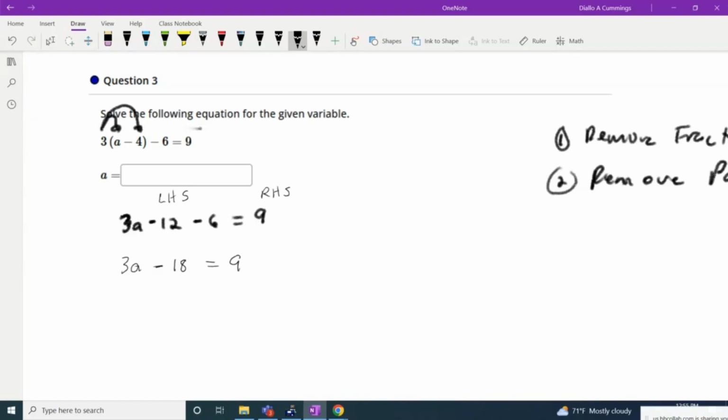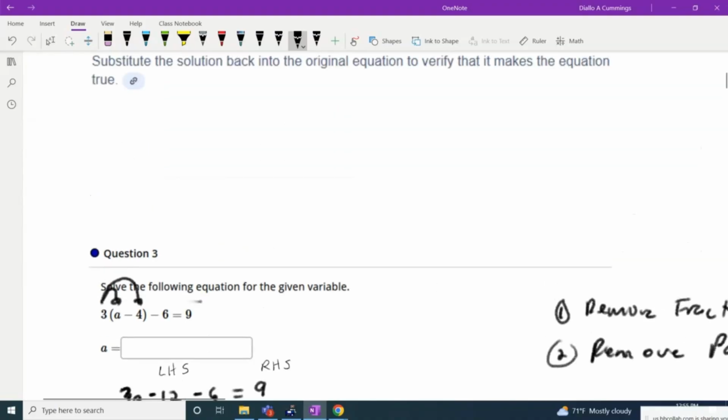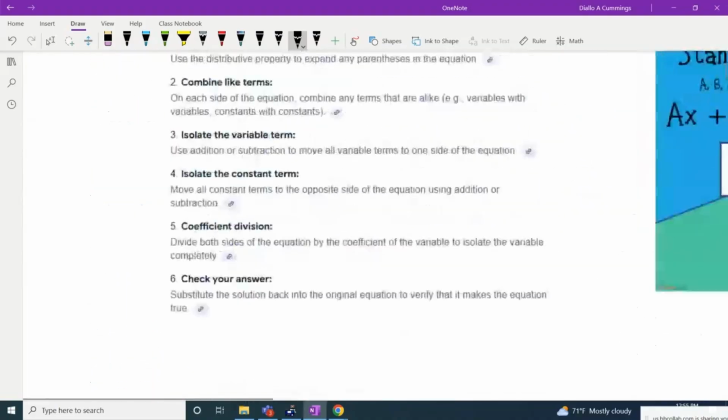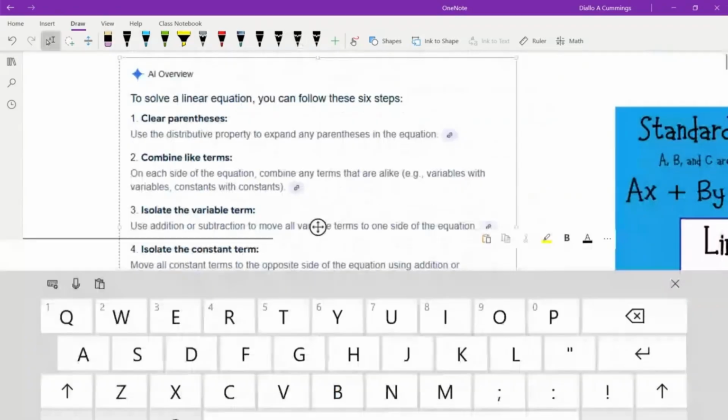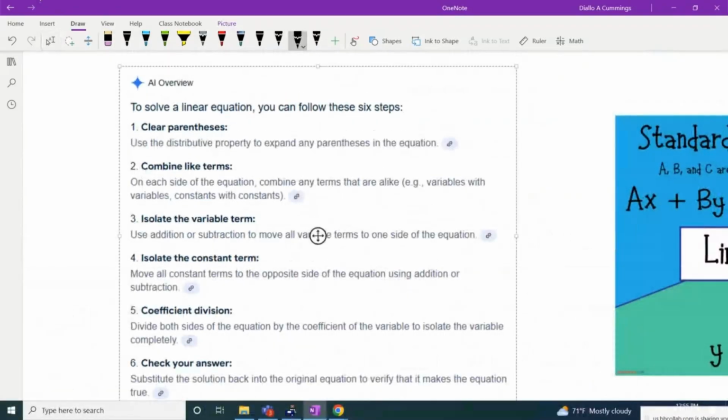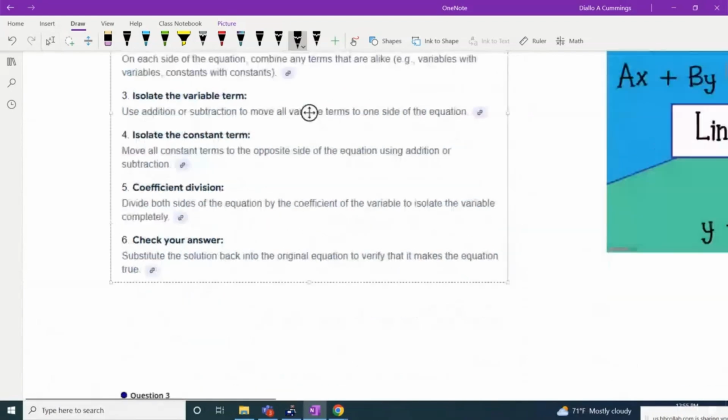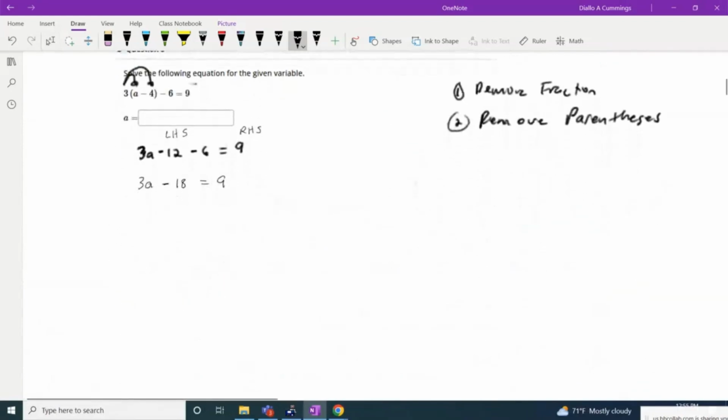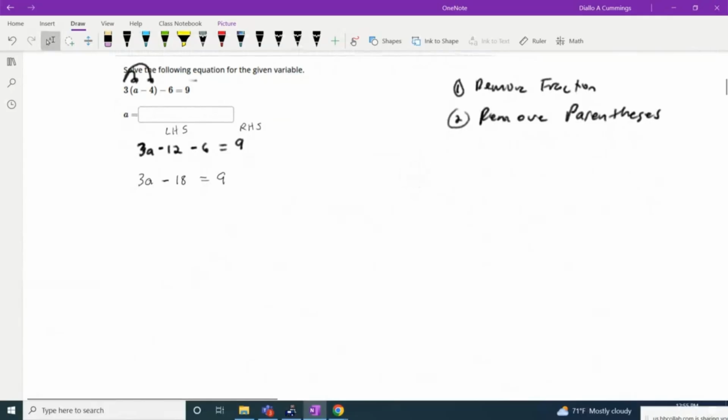The next thing I'm going to do on our 6 steps, after we combine like terms on both sides, the next thing we want to do is isolate the variable. So that means that I want my variable term, so notice my variable term is 3a, right, because it has that variable a attached.